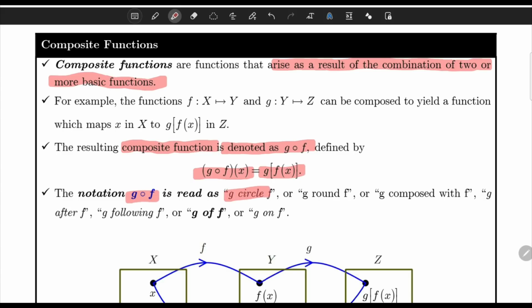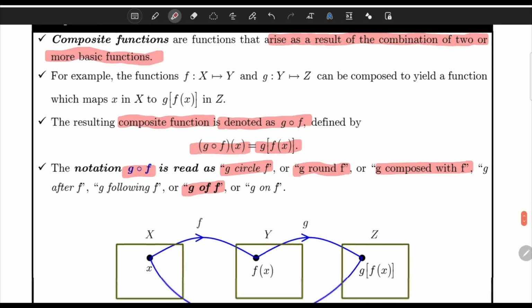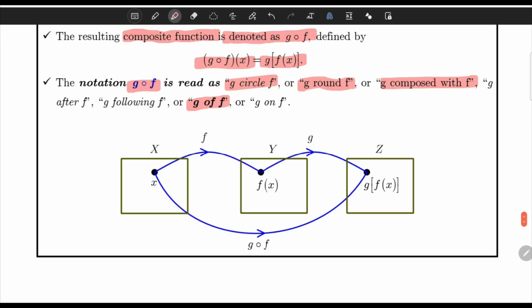It can be said as g circle f, g round f, g composed with f, but we are going to use g of f. Let's look at the arrow diagram.